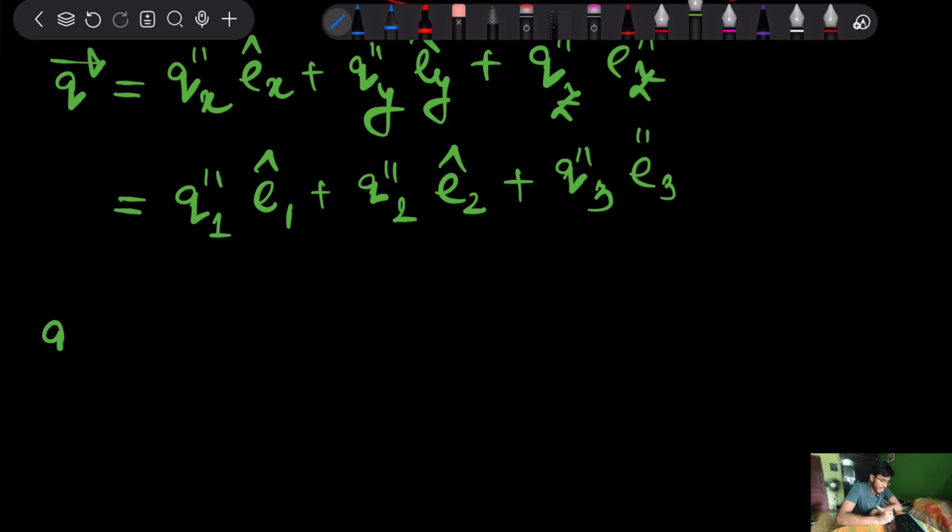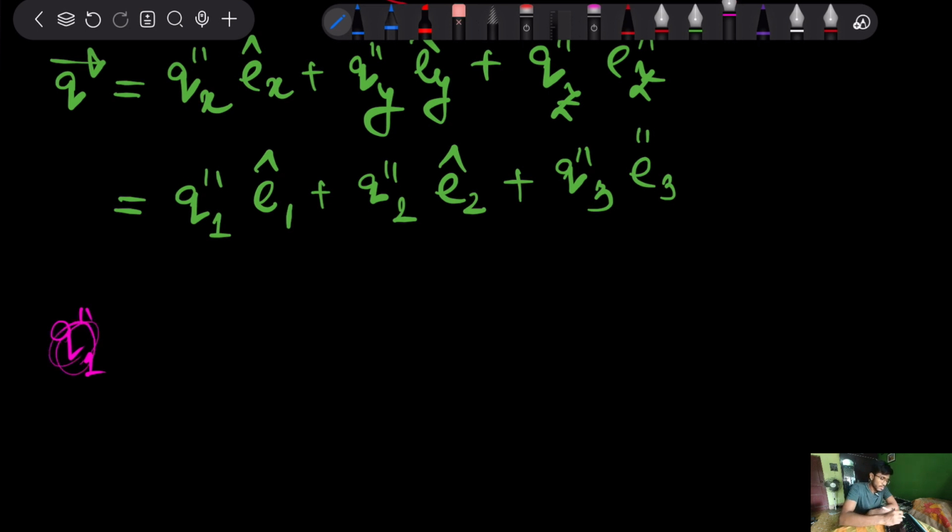Now from this step I should take a different approach. I have told you that my Q1 is a function of the temperature gradient, but it has three options. My Q1 double prime can be a function of del T1, that is the component of the temperature gradient in the x direction, or in the direction of the E1 unit vector.